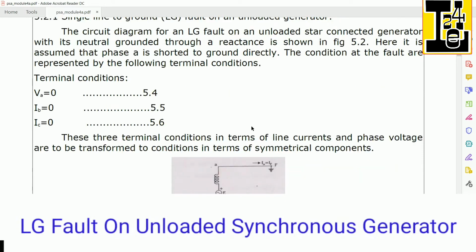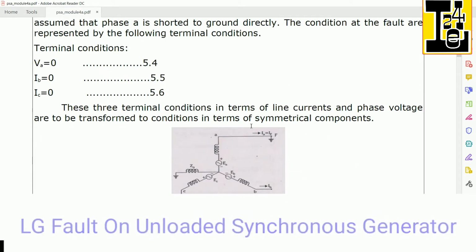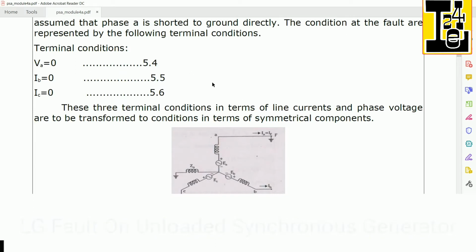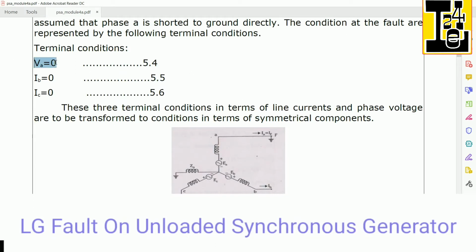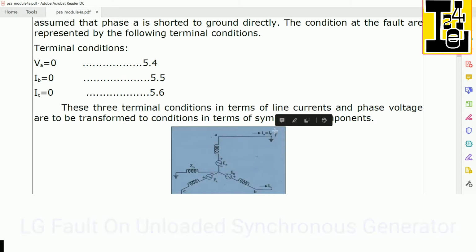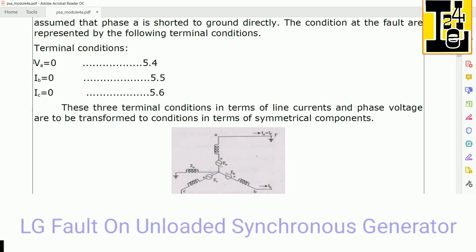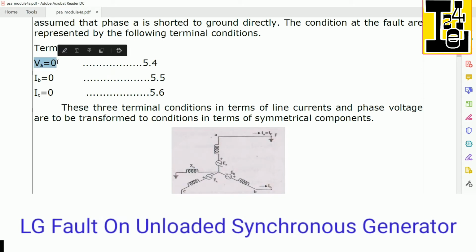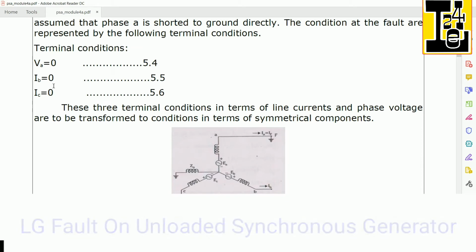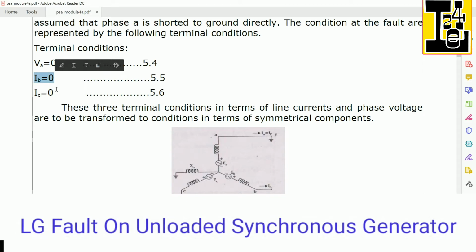The terminal conditions for such a fault are VA equals 0, as the fault is taking place at phase A. We take the voltage at the faulted phase as 0, and the currents at the other two phases as 0.